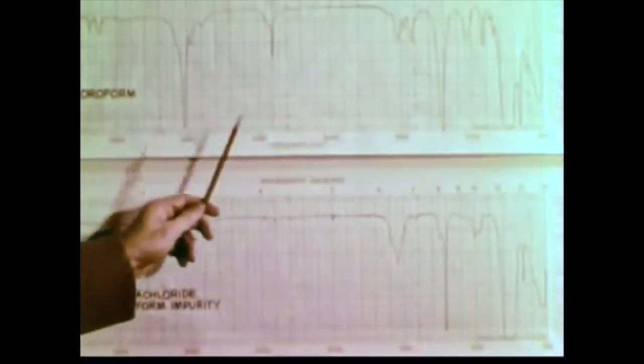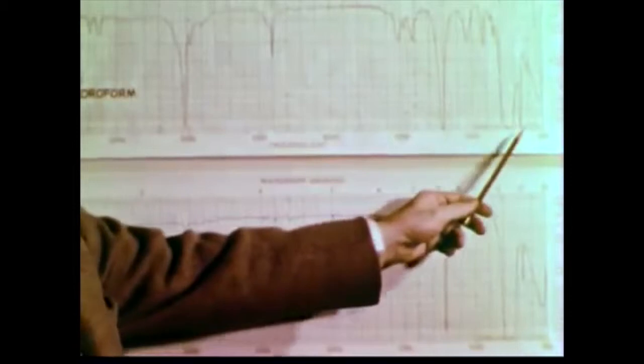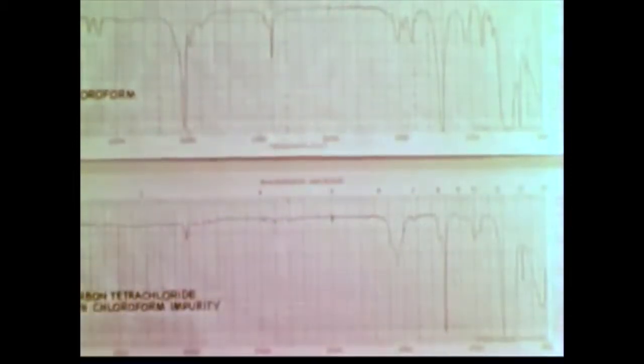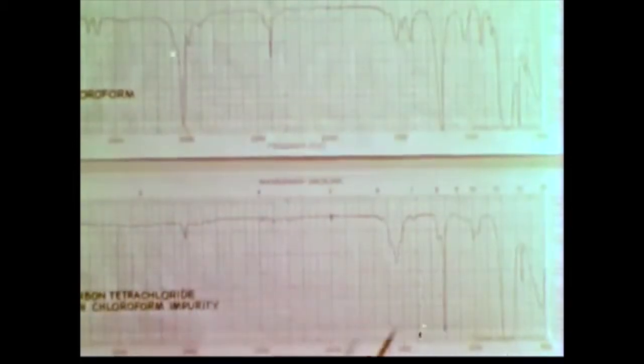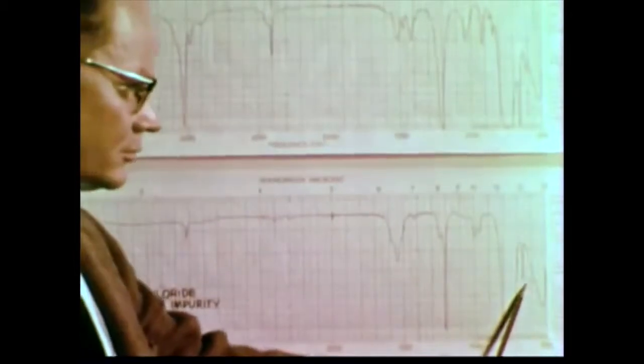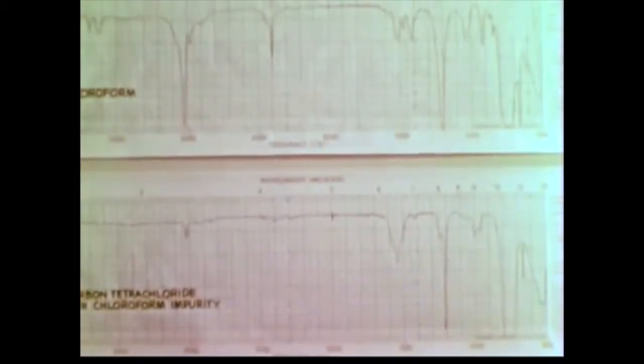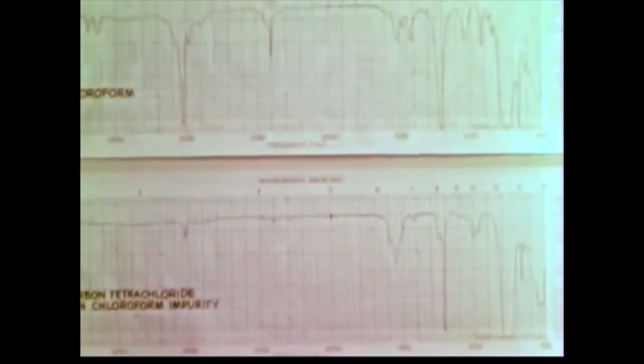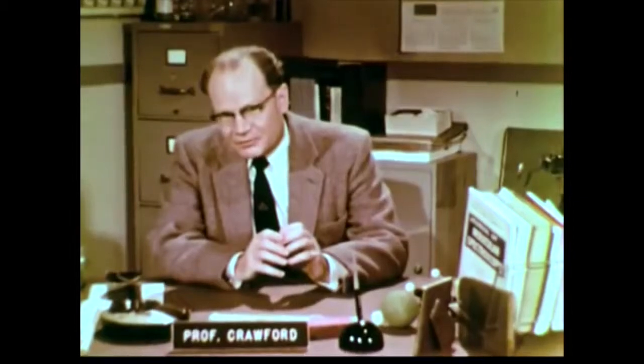These three strong characteristic frequencies of chloroform show up nicely here, here, and here, clearly revealing its presence in the carbon tetrachloride. Now, what about absorption by HCl in other regions of the spectrum?